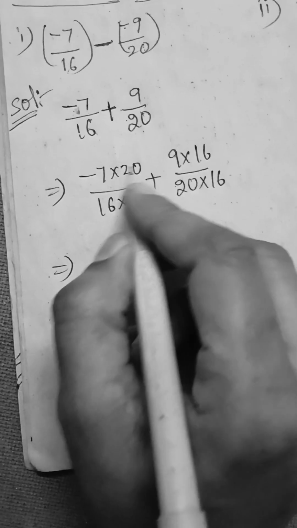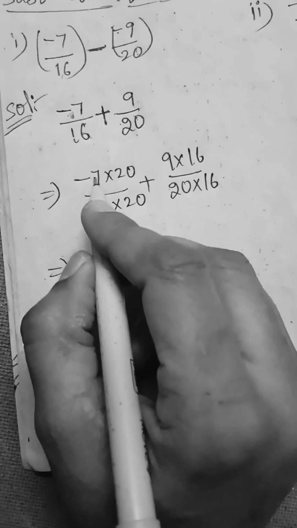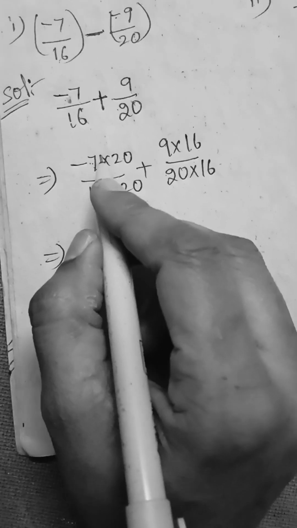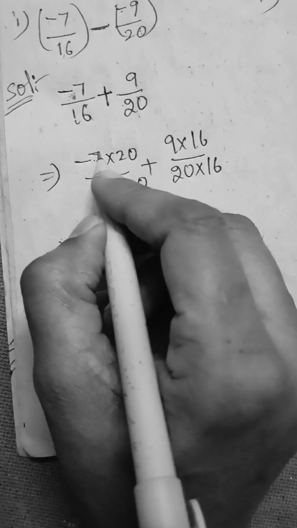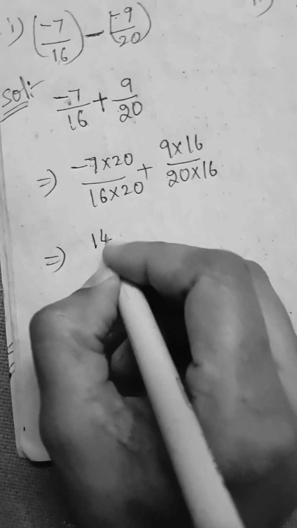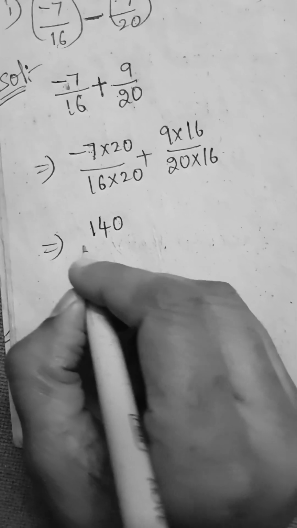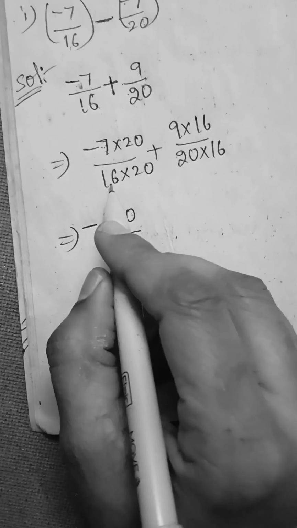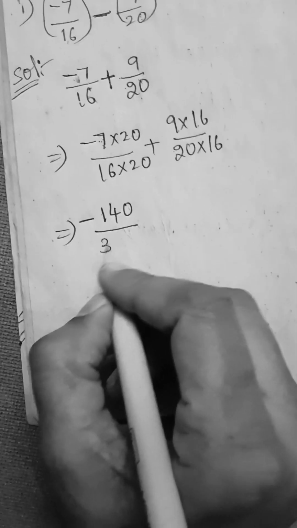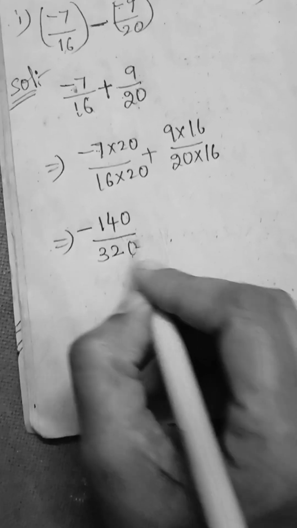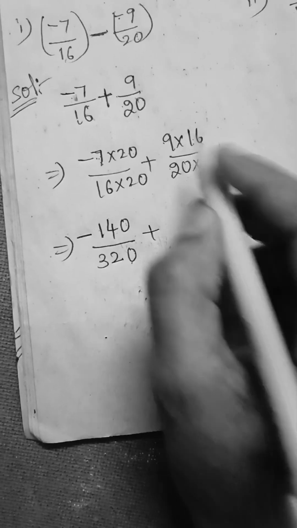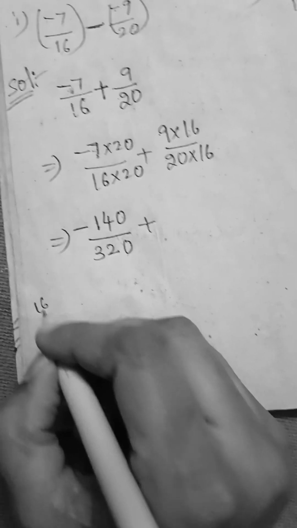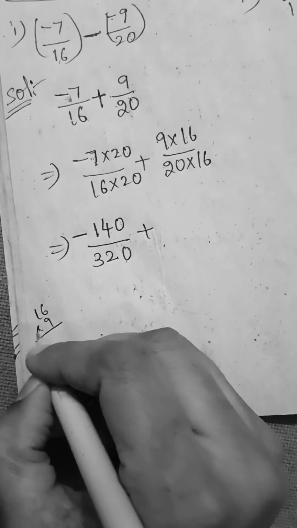Now do that multiplication easily. 7 twos are 14. Here 0 is there, and minus we have to put here. And 16 twos are 32, 0. Next 16 nines are, if you don't know, do rough work, no problem.